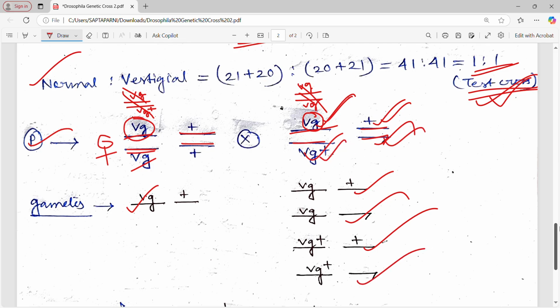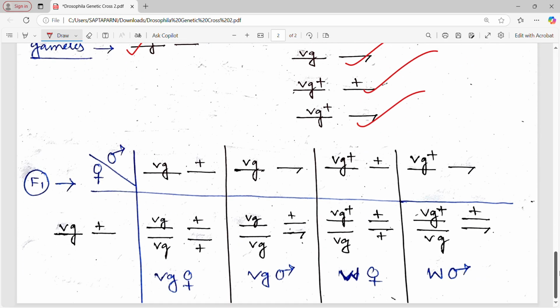And when we do the Punnett square, we have drawn the male gametes on the top side and the female gamete on the left side, and we can see four progenies are formed. The first one has Vg and Vg, that means it is a vestigial female. Then it has Vg with X and Y, that means it is vestigial male.